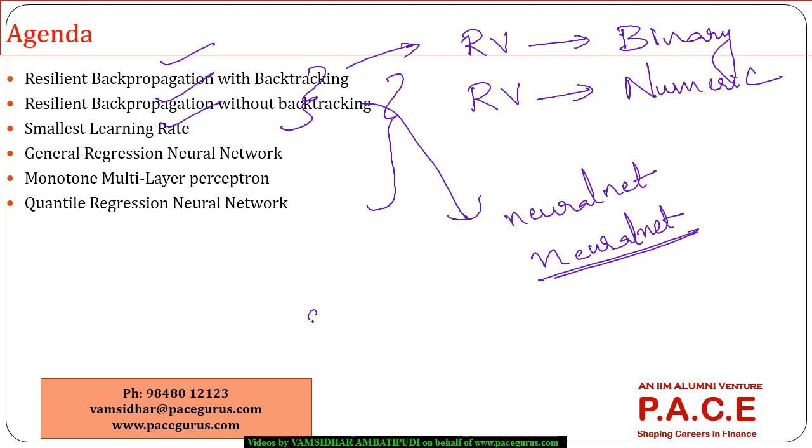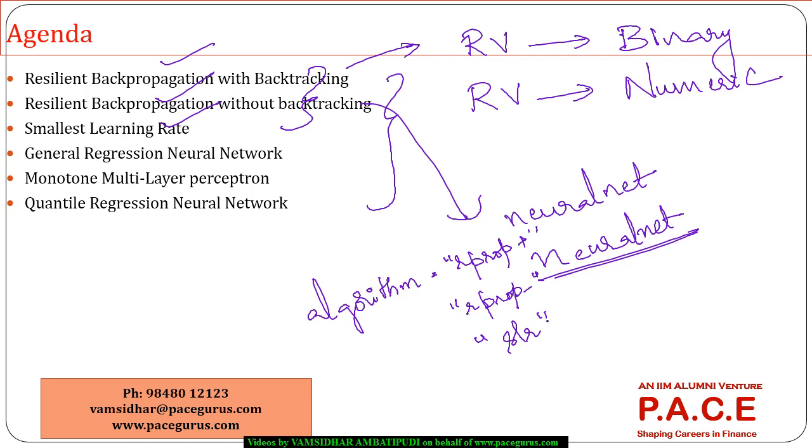The only thing that changes is the algorithm. In this function, we would be changing it to rprop+ in case of backpropagation with backtracking, rprop- without backtracking, and slr to go ahead with smallest learning rate.